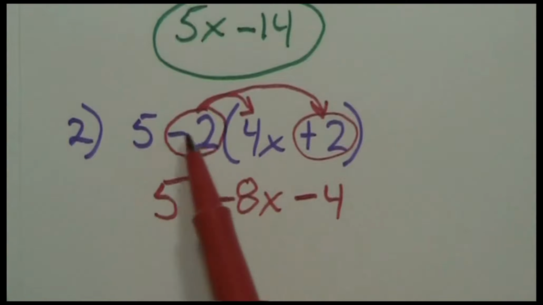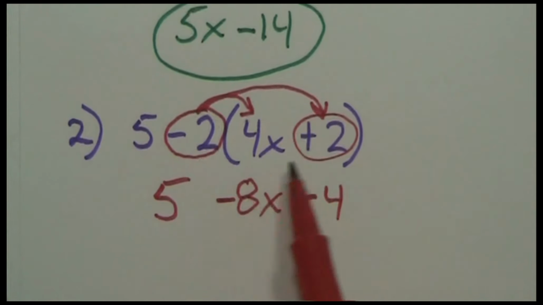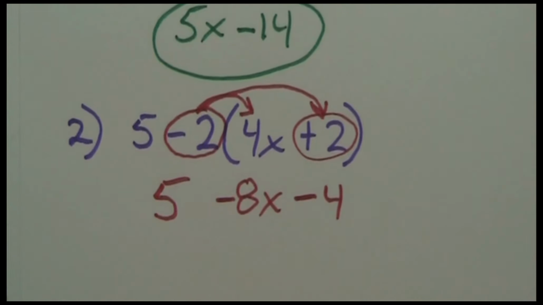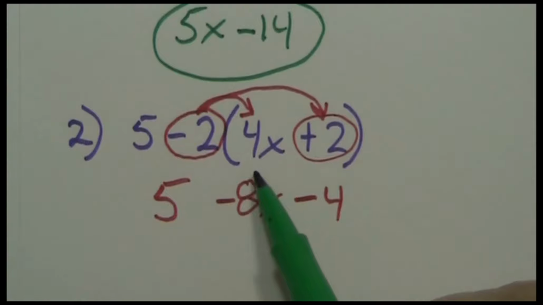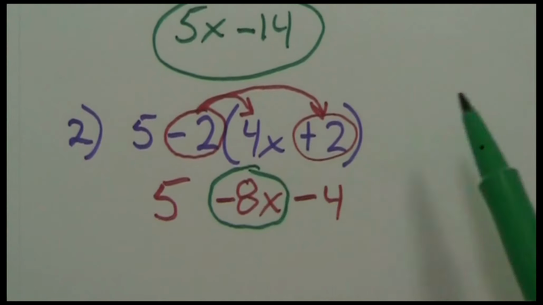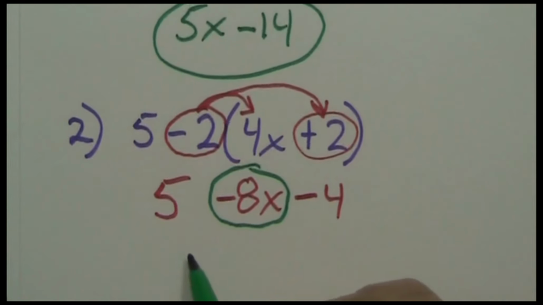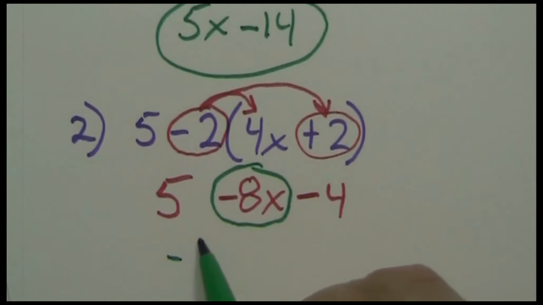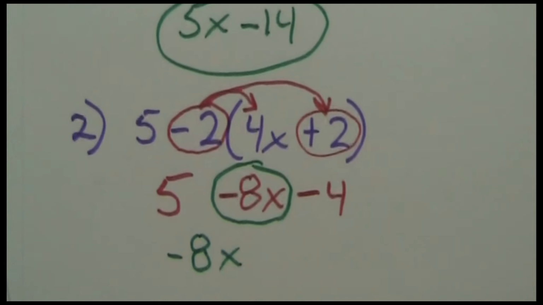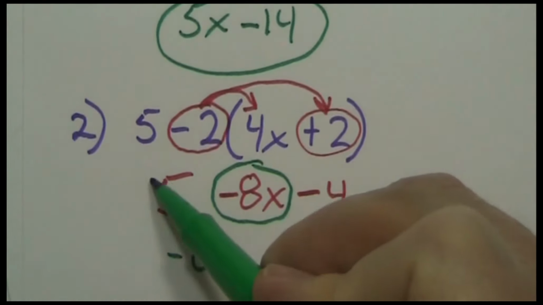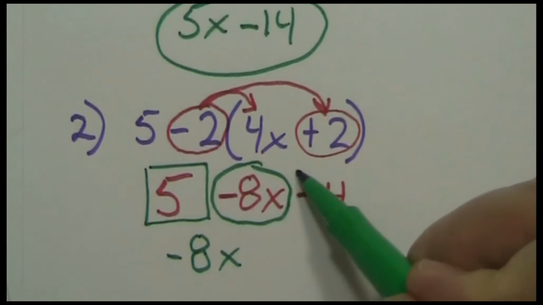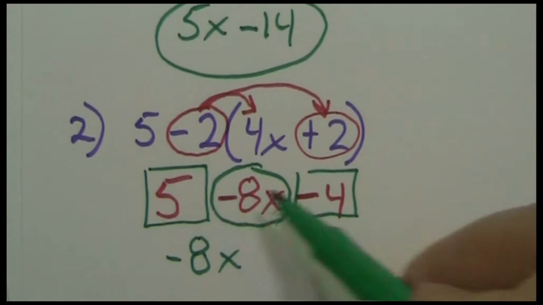Okay, this is a common mistake where people will subtract before distributive property. That would be incorrect. Okay, now let's combine like terms. Let's see, I have a negative 8x and that's it for the coefficients. And what about the constants? I have a 5 and a minus 4. 5 minus 4.